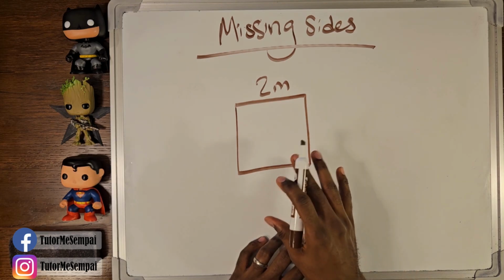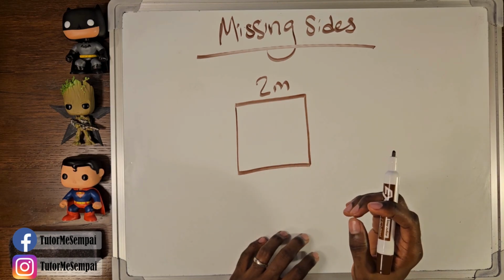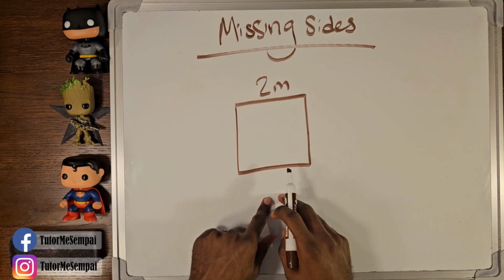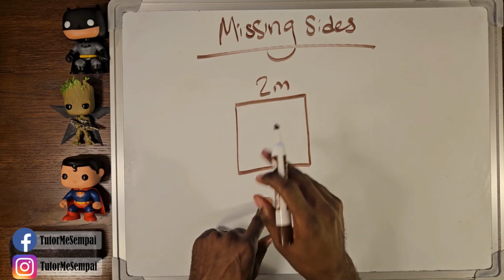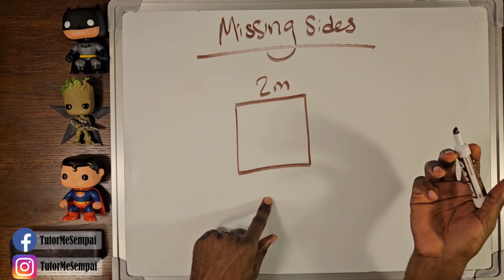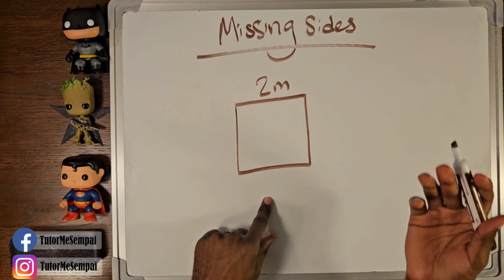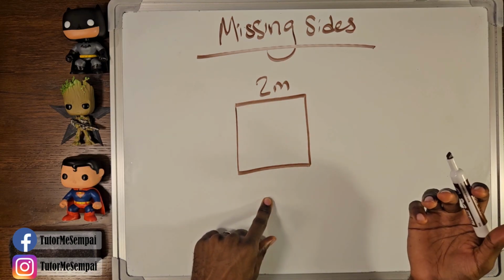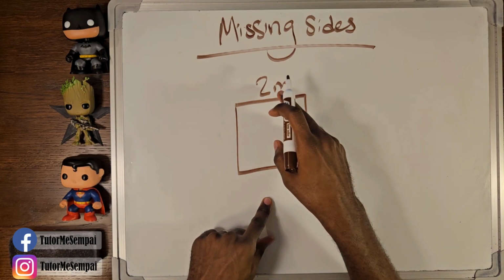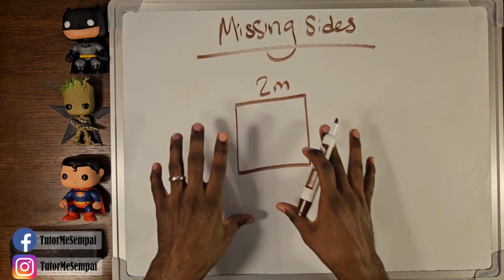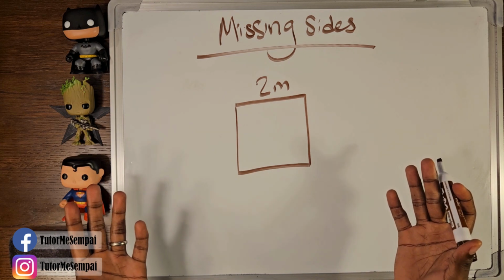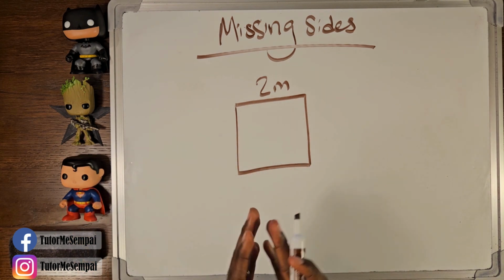This would be a very good indication of all of these sides being equal to the side that's given, which makes this a square because a square has all 4 equal sides. So if you're given a shape and all you have is 1, then maybe if it looks like a square, it's a square. And all of your other sides are the same value.